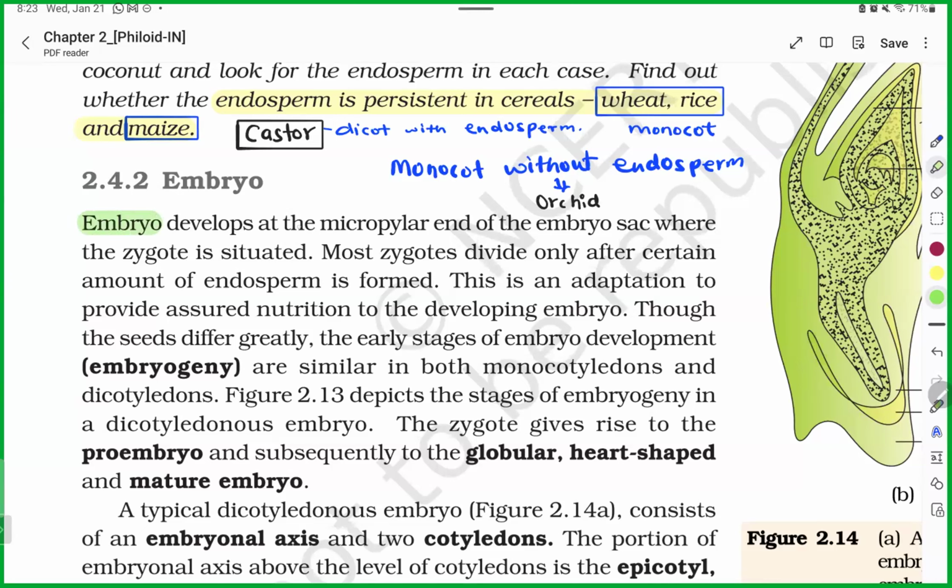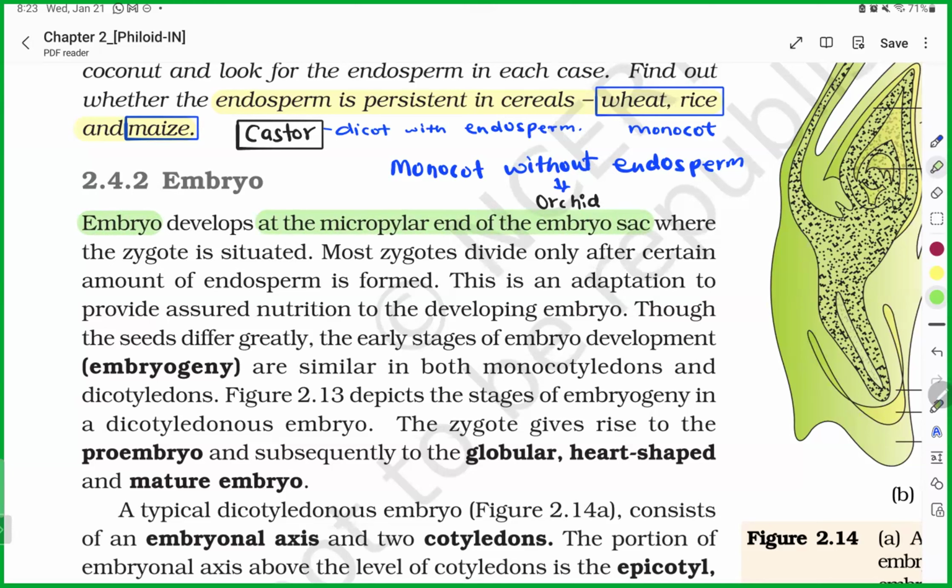Embryo develops at the micropylar end of the embryo sac. Sarah, how many ends are present in the embryo sac? So two. What are those two? The micropylar and chalazial. Yes, micropylar end and chalazial end.